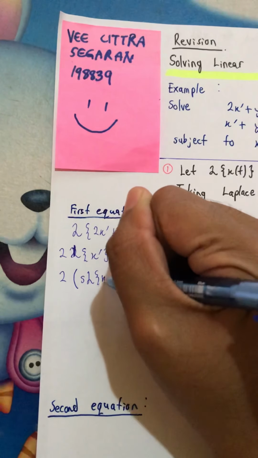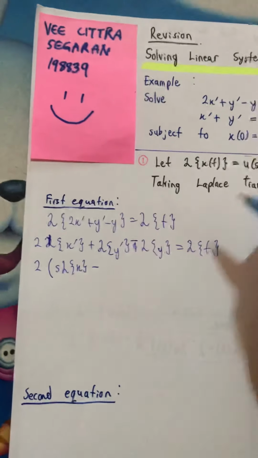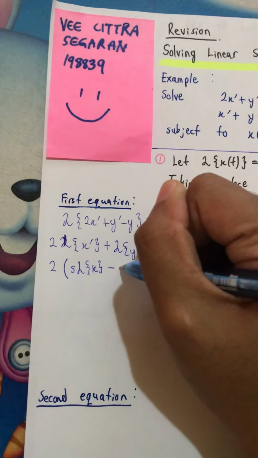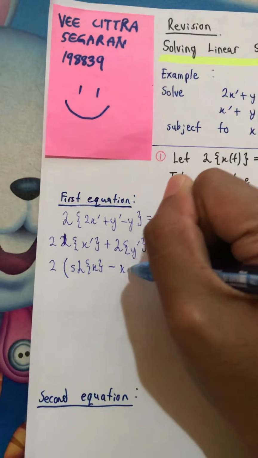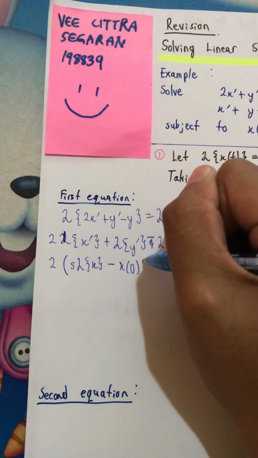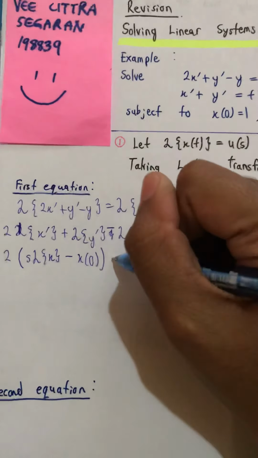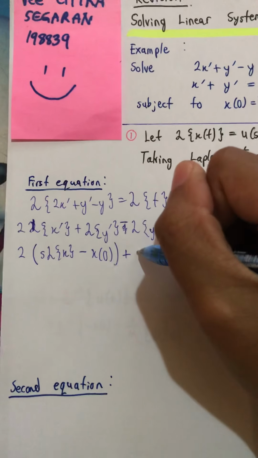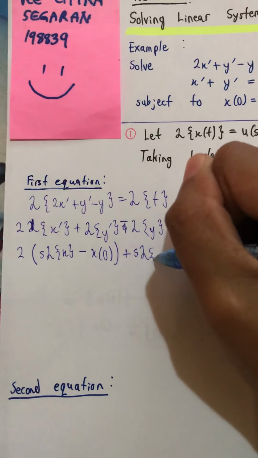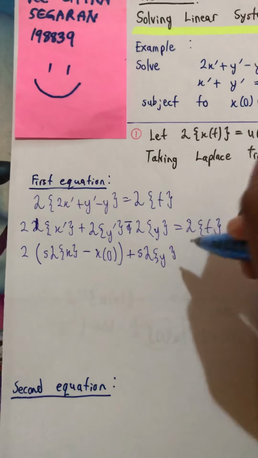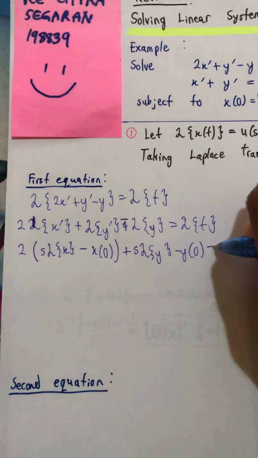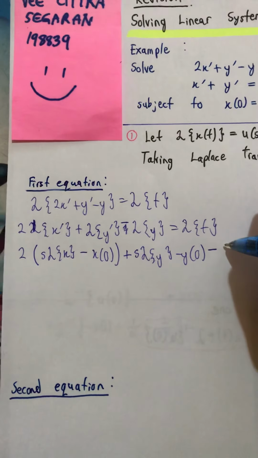So here the Laplace transform of x' is equal to 2 times s times the Laplace transform of x minus x(0), plus the Laplace transform of y', which is s times the Laplace transform of y minus y(0), and then minus the Laplace transform of y.